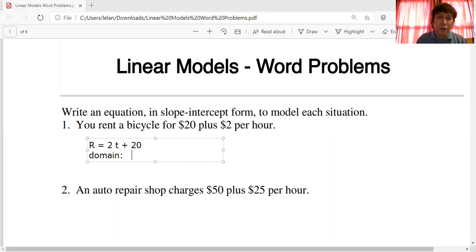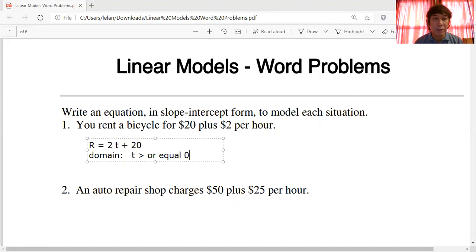So our domain will be t greater or equal to 0. So we can start with 0 and then higher. Remember, we cannot use a negative time. So the possible values here start with 0, going to some possible positive value.